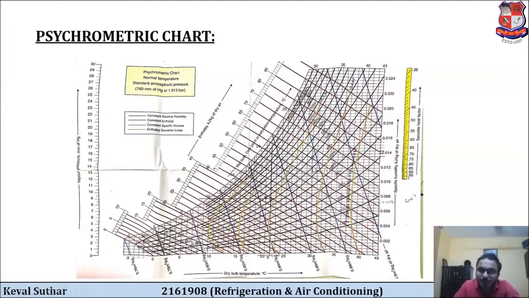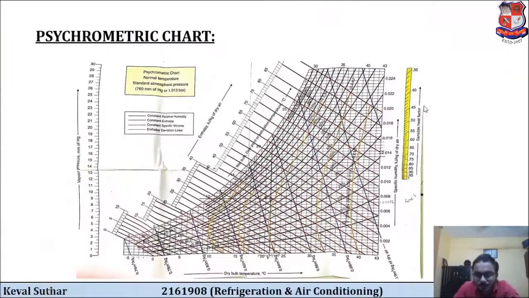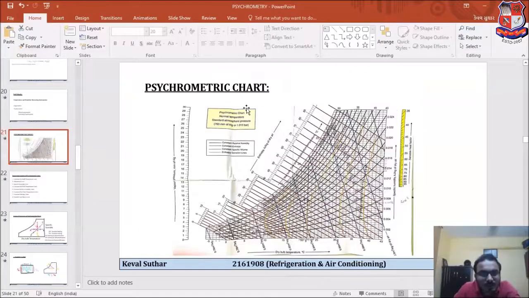As I was telling you, the slope of the cooling and dehumidification line depends only on the sensible heat factor. So we can use this sensible heat factor to draw a psychrometric process if we are aware of the initial condition of moist air and the sensible heat factor.